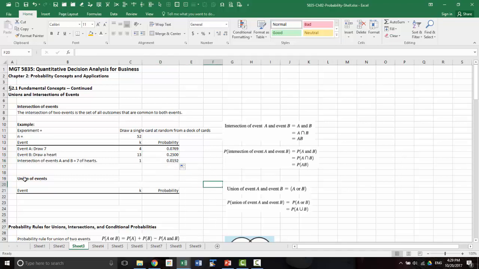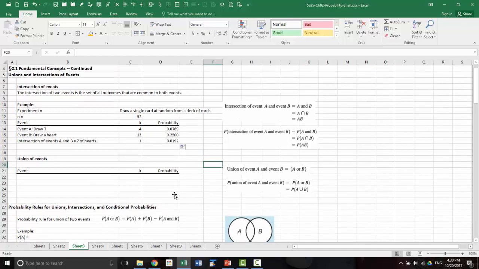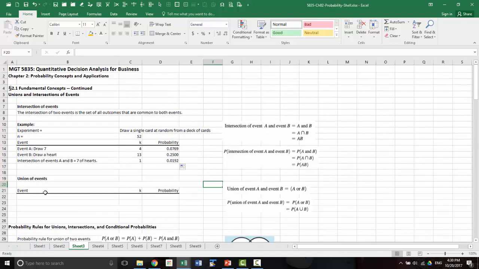Now what about the union of events? That's the second concept. The union of events is a collection of all of the outcomes that are either in A or in B. When this is the intersection, the whole collective thing would be our union. Let's continue with the same example.